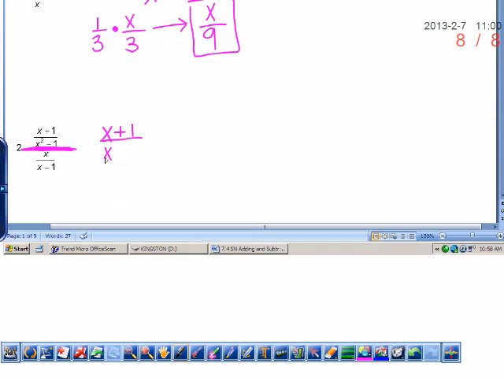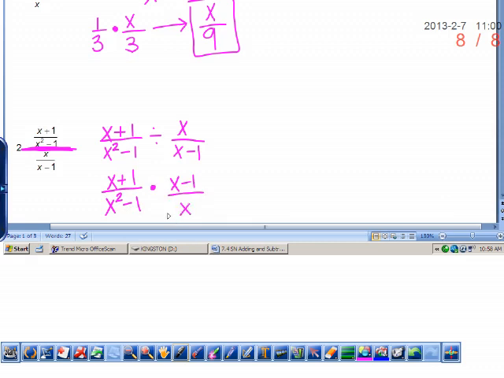You're not going to have to do this step every time, but just while you're practicing kind of seeing it. From here, what do we do? Okay, so keep your first fraction. Change division to multiplication. And flip your second fraction.